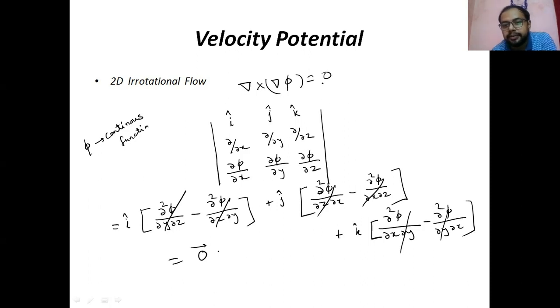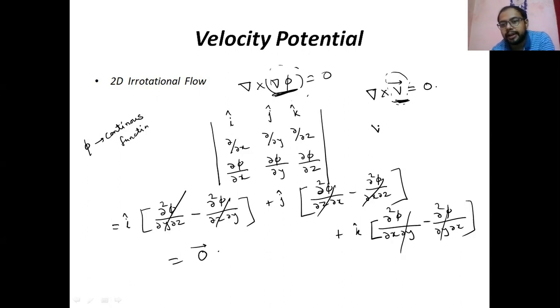Because the irrotational concept is that the curl of the velocity vector is equal to 0. So we can compare the velocity vector with this term, grad of phi.